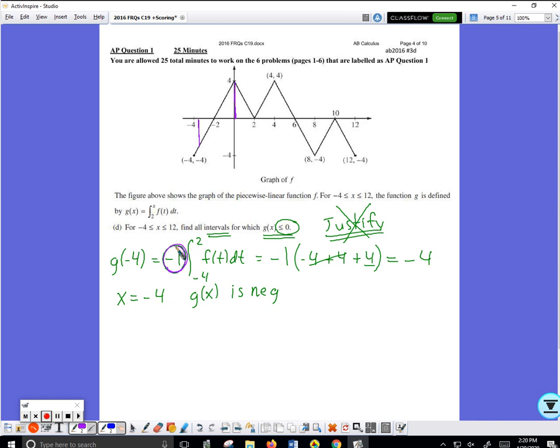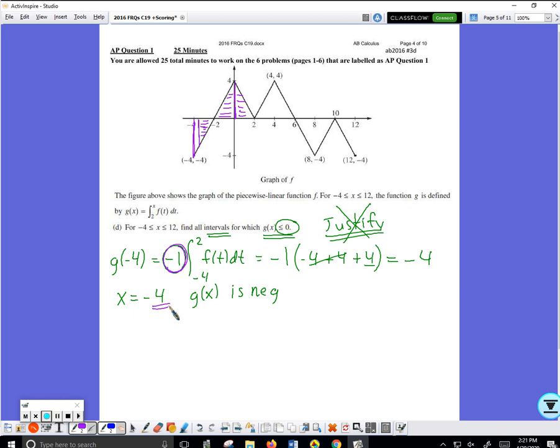So it's as though this is going to count negatively, and this counts positively. So there's much more negative than positive if I integrate. So I started at -4, the answer was -4. If I integrate further up, I'm going to get even more negative.